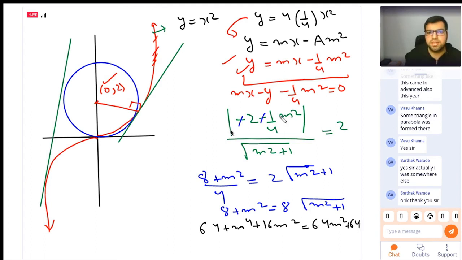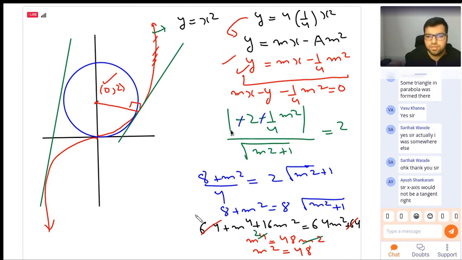So 64 and 64 get cancelled. This becomes m raised to power 4 equals 48 m square. Cancelling m square, since m cannot be equal to 0, m square is equal to 48.